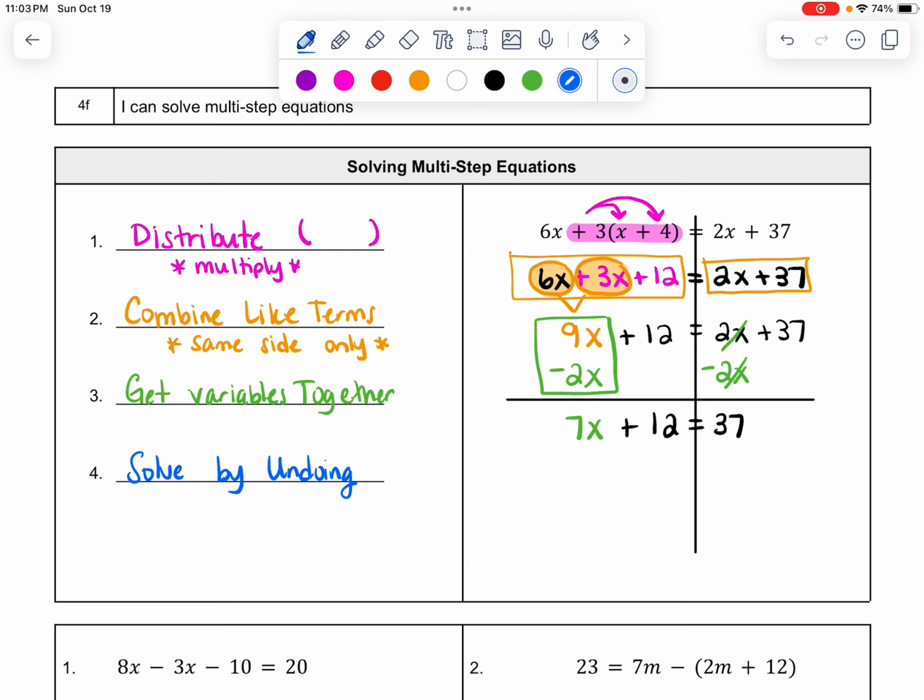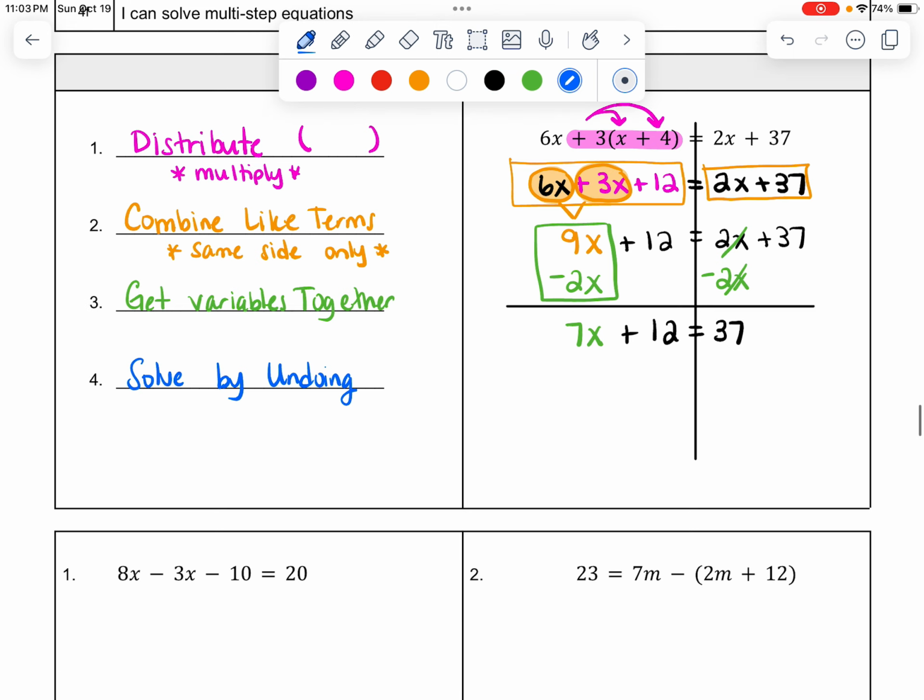Last but not least, I'm just going to solve by undoing. So I'm going to start by subtracting the 12 on both sides, which means I get 7x equals 37 minus 12 is 25. And then I'm going to divide by 7.